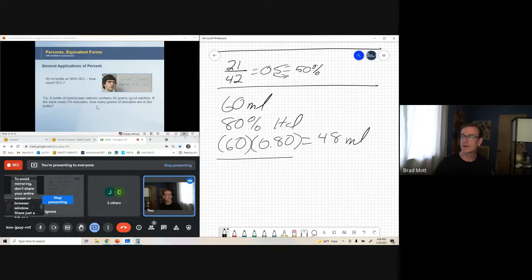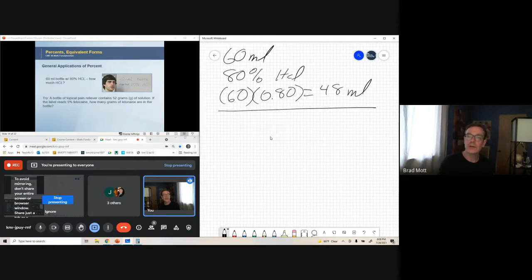Let's look at another example here. We have a topical pain reliever that has 52 grams of total solution. If the label says there is 5% lidocaine, how many grams of lidocaine are in the bottle?